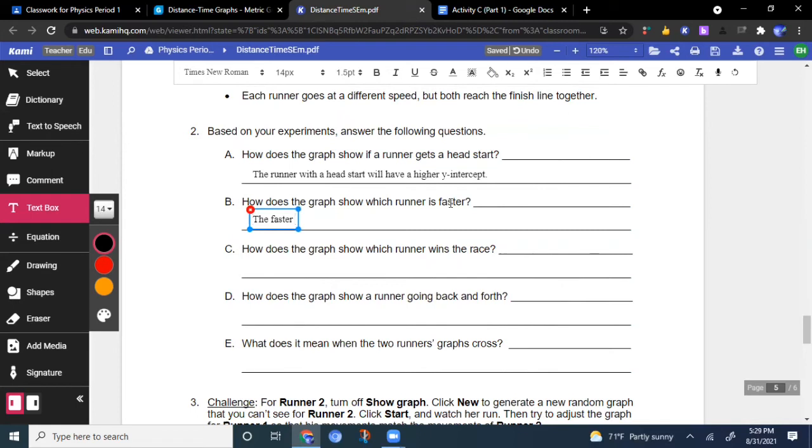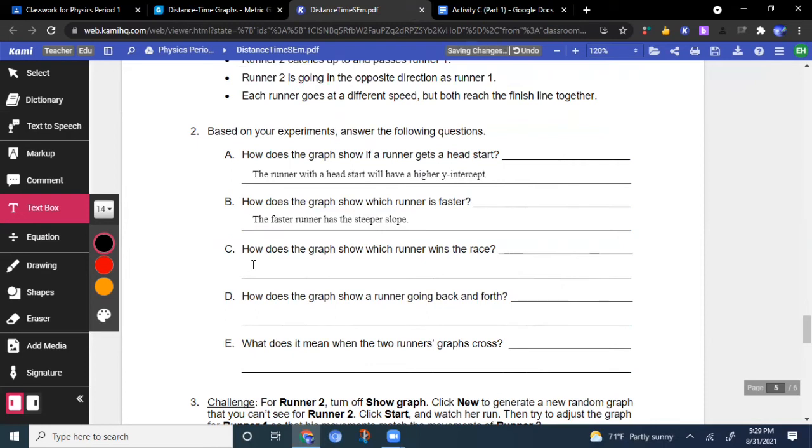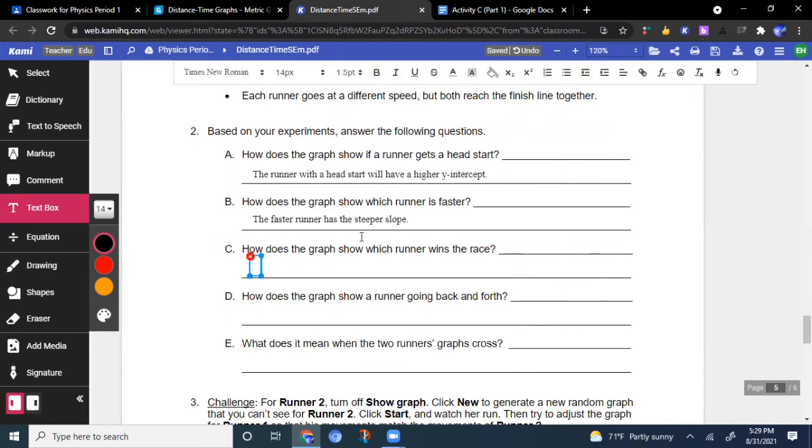The faster runner has the steeper slope. Part C, how does the graph show which runner wins the race? The graph that reaches the 40-meter line first is the winner.